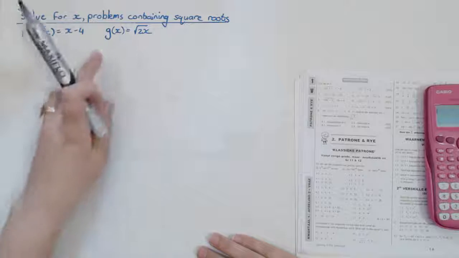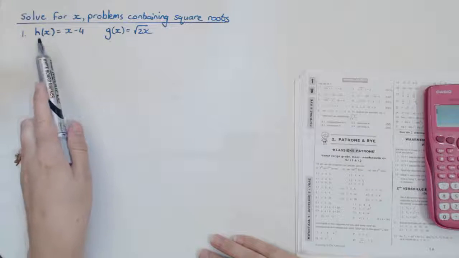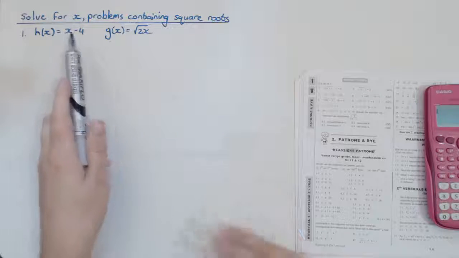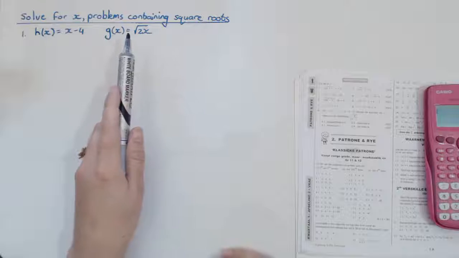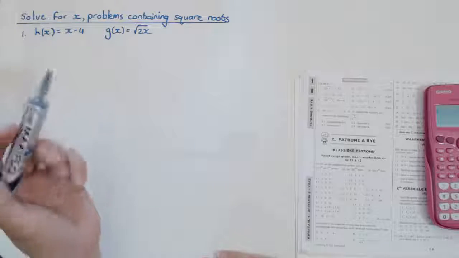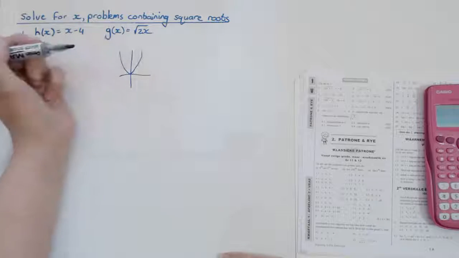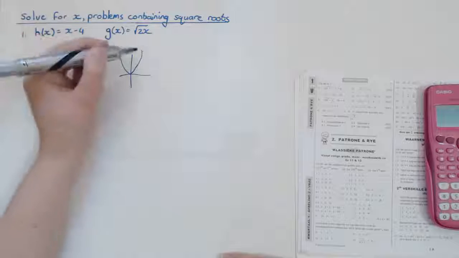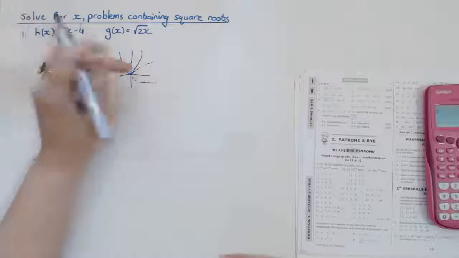This was a question in a question paper where there are two functions: x minus 4, which is a straight line, of course, and √2x, which the grade 11s won't know, but the grade 12s might notice that this is an inverse function of a parabola. It is a root function and it looks like that.